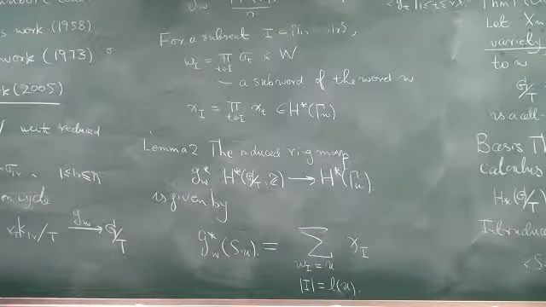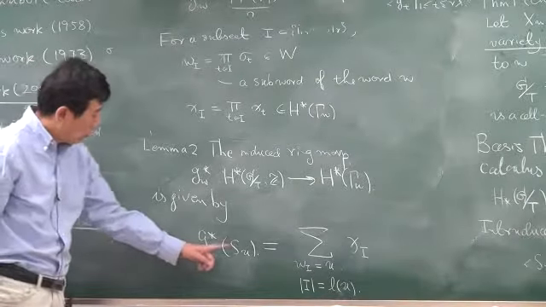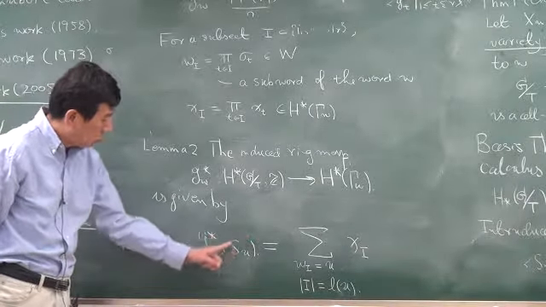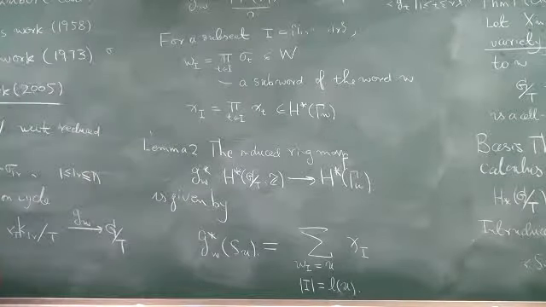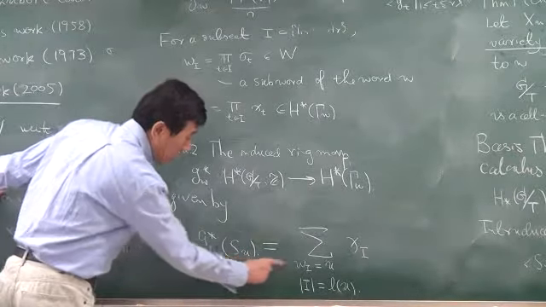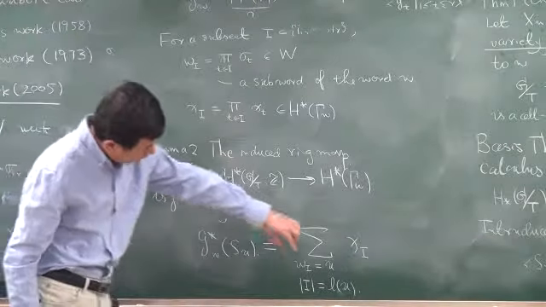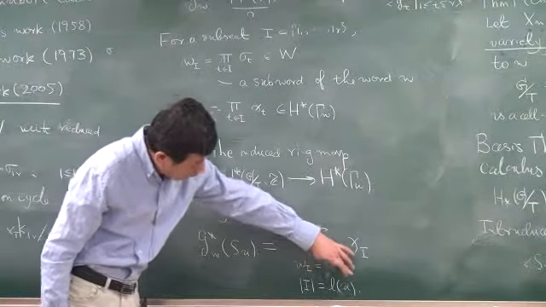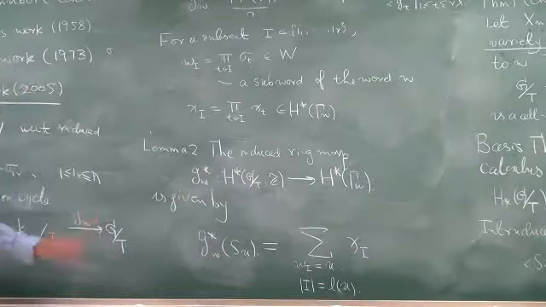In other words, for the action of this map on this Schubert class, you need only to look at the subwords whose product is u, and at the same time, the length of these factors equals the length of this Weyl group element.